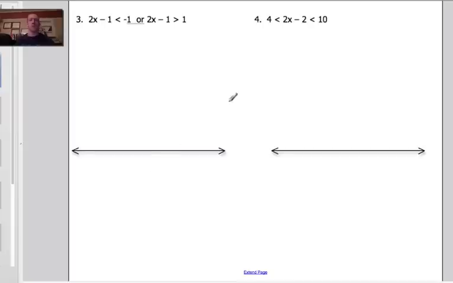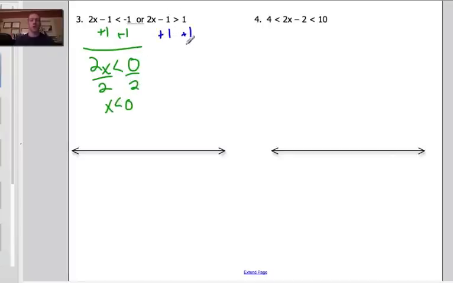So let's do a few more examples here. Here's an OR statement, so we just solve each individually. Add 1 to both sides. And I have 2x is less than nothing. Oh my gosh, what happened? Oh, it's negative 1 plus 1. That's just 0, right? Divide by 2, and that's still x is less than 0. The second one would be add 1, and we get 2x is greater than 2.